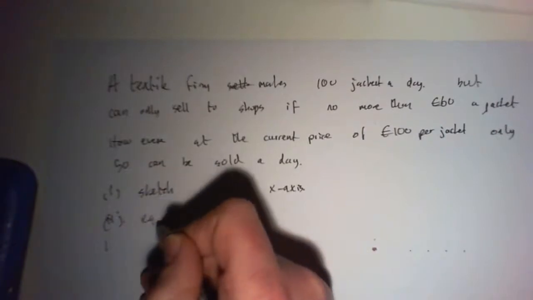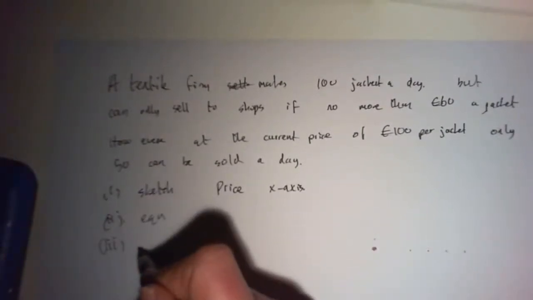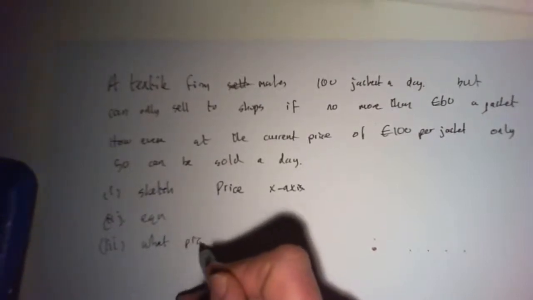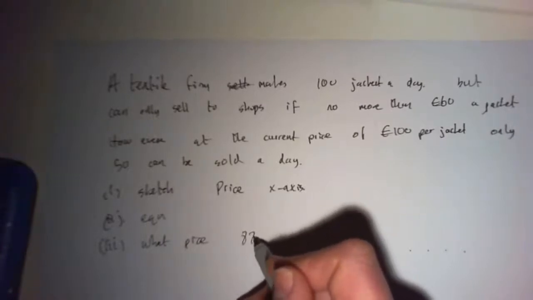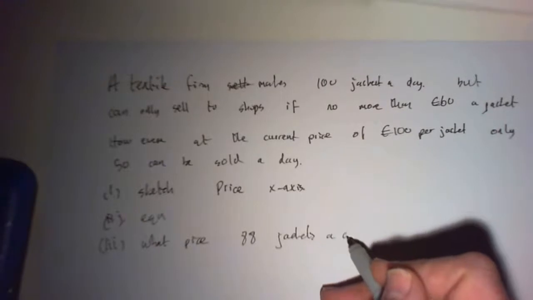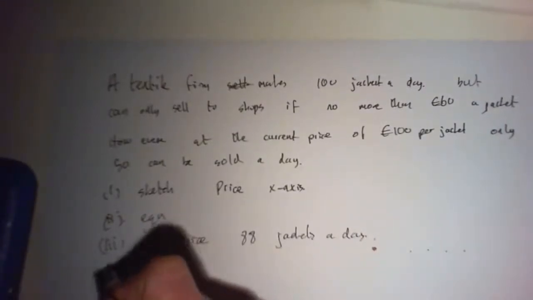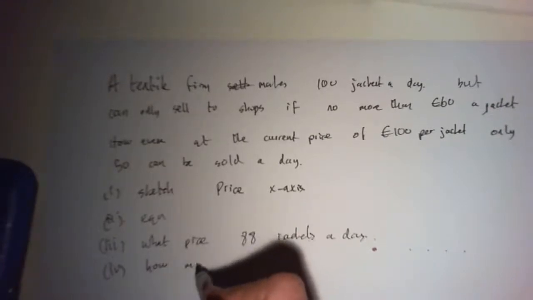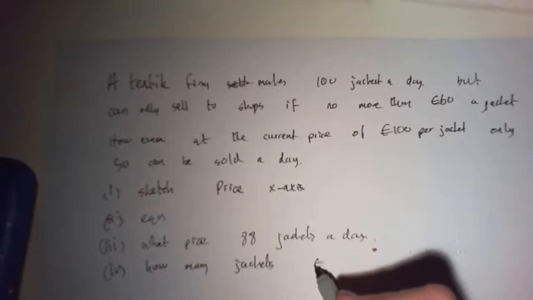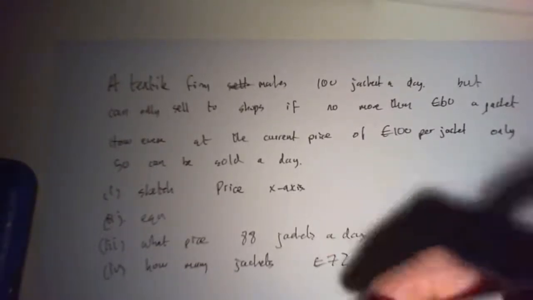Let's see the equations. What else do we look for? We will look for what price could you do at 88 jackets a day? And how many jackets to be sold or to be made if you're going to sell at 72 quid. So the reverse of the other one.